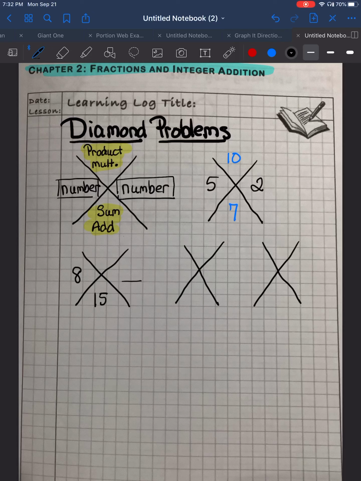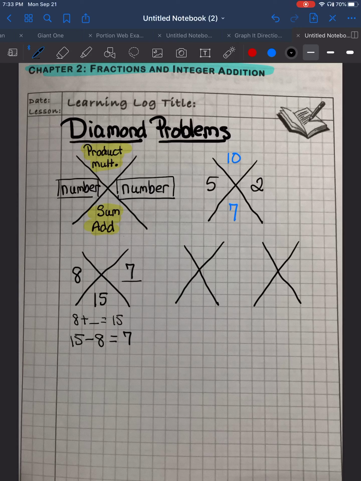Well, here's the deal. I know that 8 plus something equals 15. Well, the opposite of adding is subtracting. So if I just turn that problem right around, 15 minus 8 gives me that missing number, and 15 minus 8 is 7. So that's how I figure out what goes there, right? It's always the opposite of add is subtract, so just reverse it. Now that I know that that's a 7, well, 8 times 7, right?